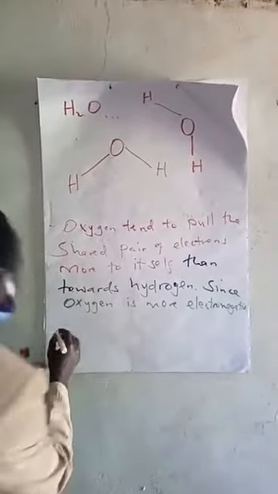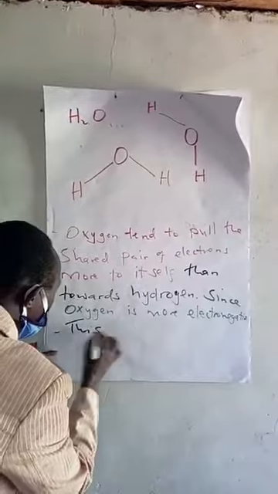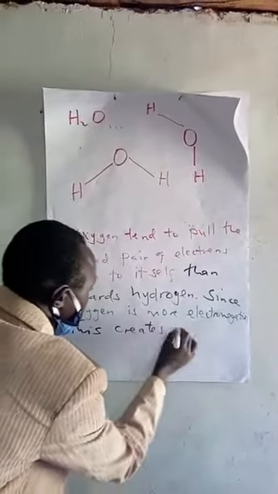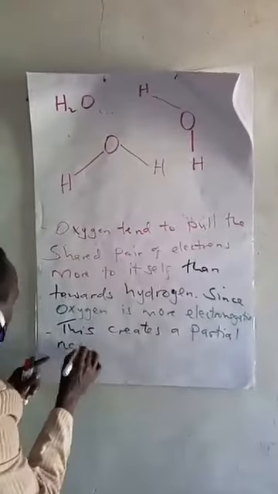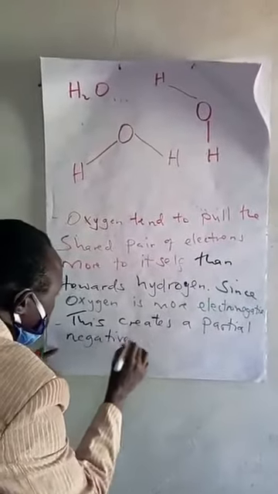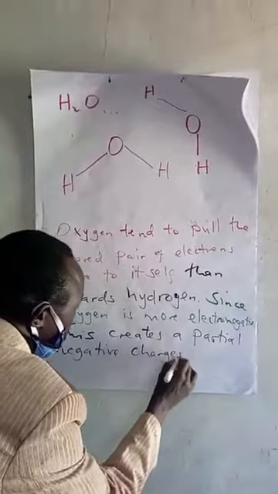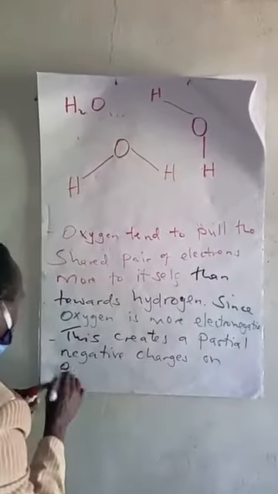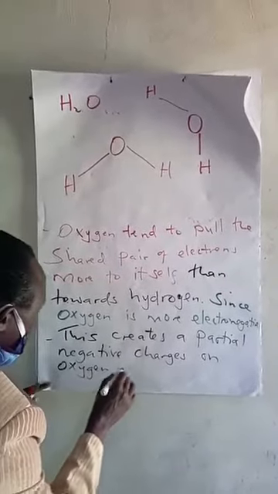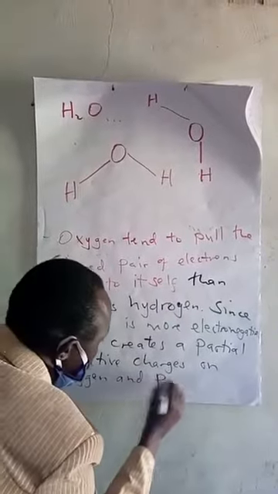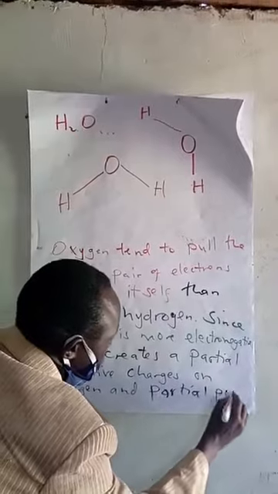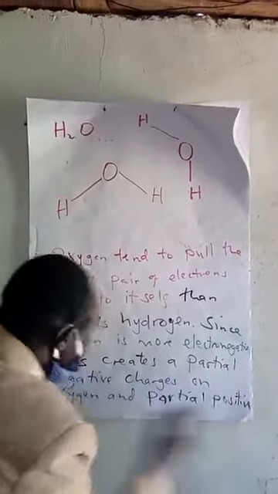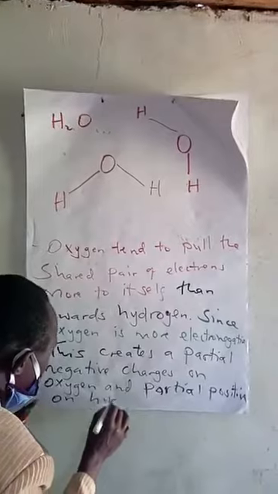Now, in so doing, this creates partial negative charges on oxygen and partial positive charges on hydrogen.